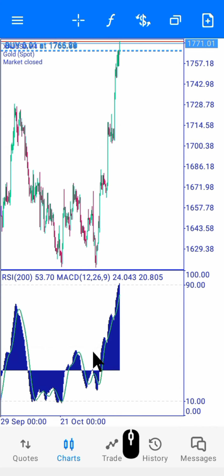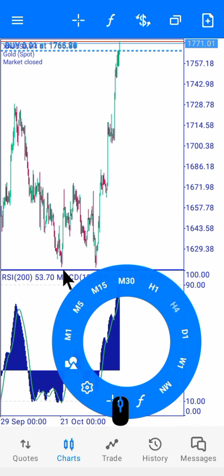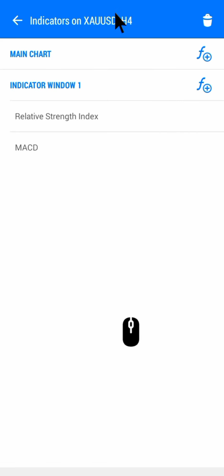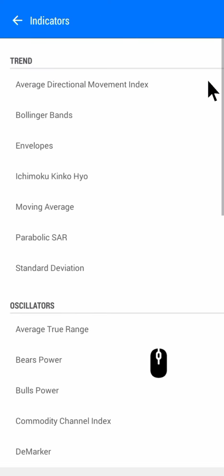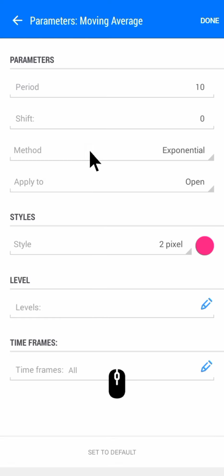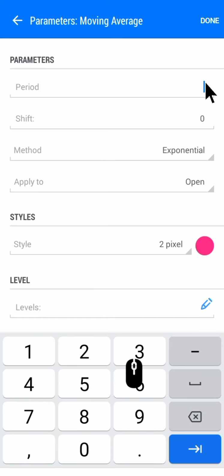So most of the time, you come here, click here, then you are going to add still on top of all these indicators. You click here, then you find our moving average here. We have a lot of indicators here, but I'm showing you the most used indicators in what I'm trying to teach you.